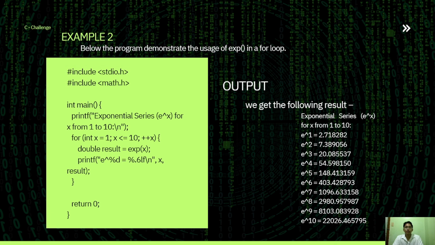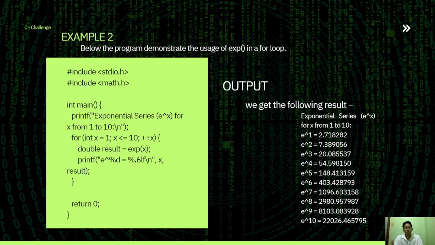Example number 2. The below program demonstrates the usage of exp in a for loop. Here we have a for loop. We get the result by applying this code: the exponential series e raised to the power of x, for x from 1 to 10.